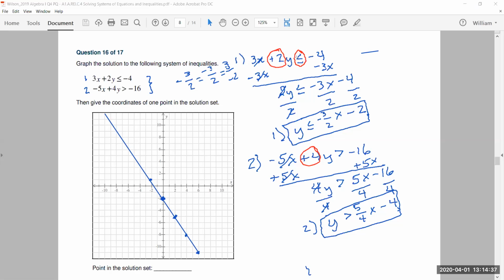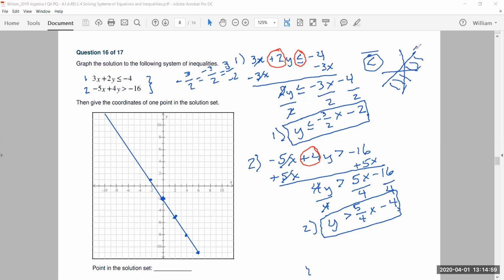When we have a less than, you may recall from class, no matter where I am, if this is my line, shade less than, I will shade in the attic, as I say.